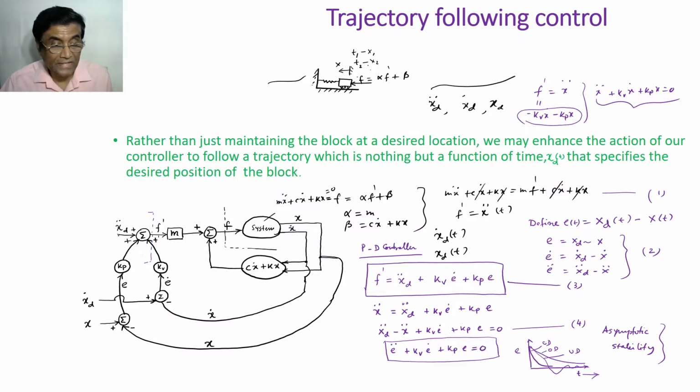So this is the trajectory following controller. Let us try to understand this. This is the model based part, updating model parameters, and this is the servo part.